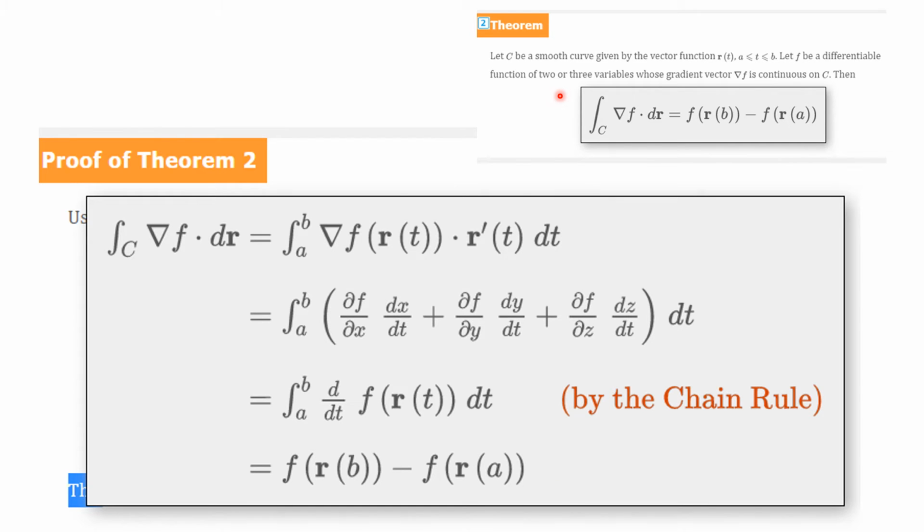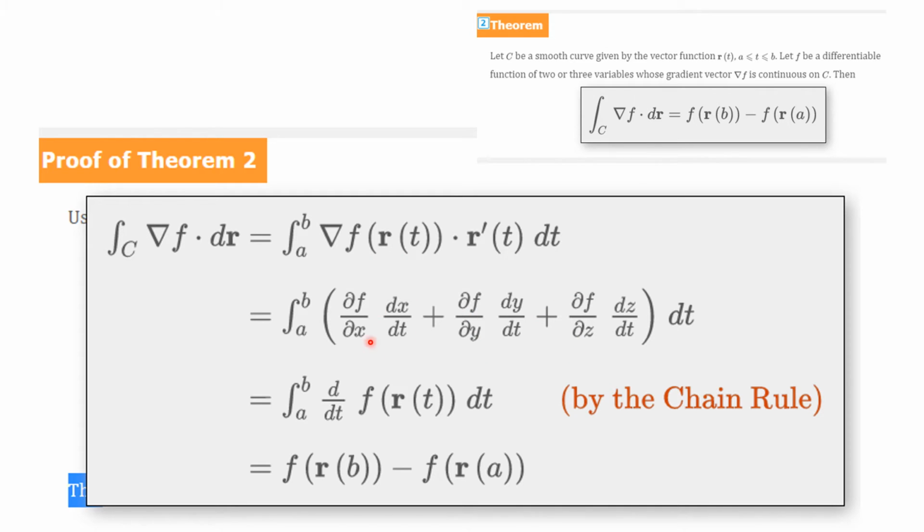So let's look at the proof of this, and we're going to do a proof really by calculation. Recall that r of t represented C. So when I have this dot product of these vectors, dr is r prime of t dt, and r prime of t is dx/dt, dy/dt, dz/dt as a three-dimensional vector, and del f is the gradient, partial of f with respect to x, partial of f with respect to y, and partial of f with respect to z.